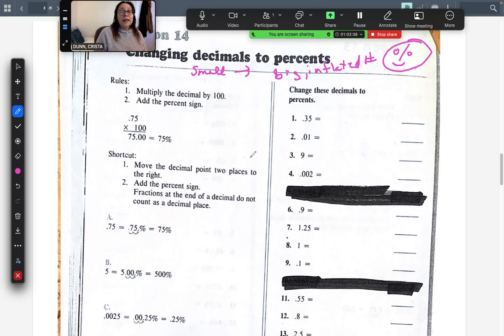They're saying multiply the decimal by 100 and then add the percent sign, right? Or the shortcut, you're going to move that decimal point 2 places. Why? Because 100 has 2 zeros. And to the right, where it's going to get bigger, right? If I move the decimal point to the right, it's going to get bigger. We discussed that in the last lesson.